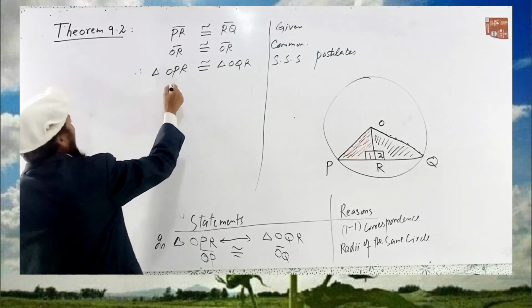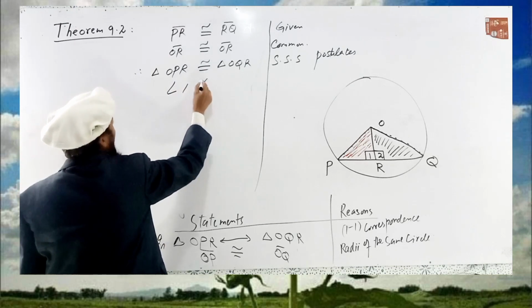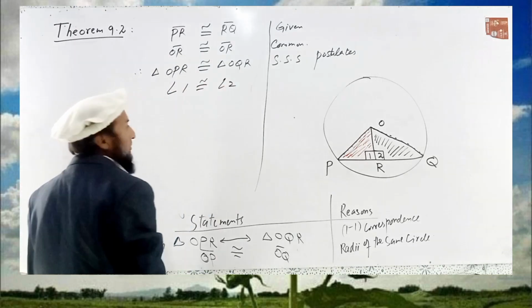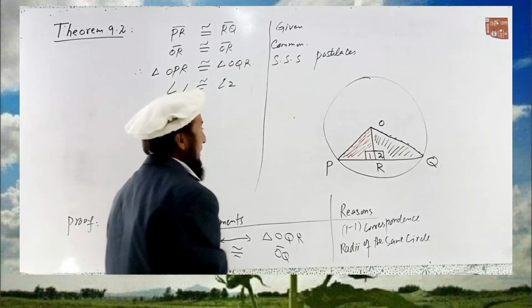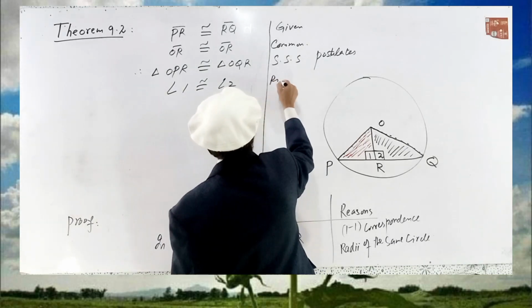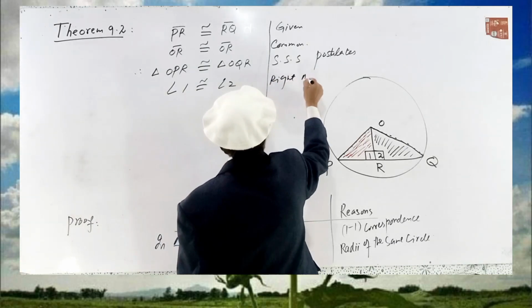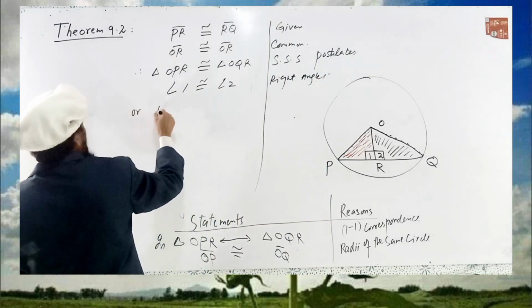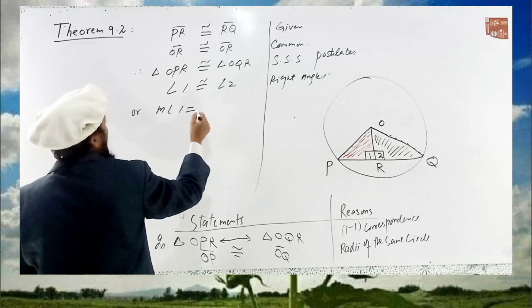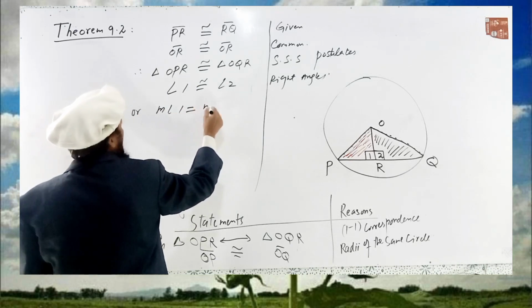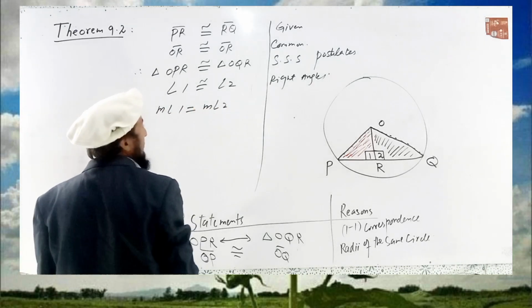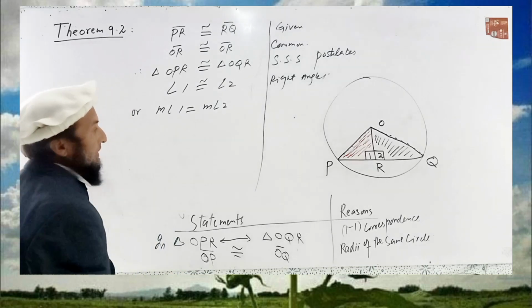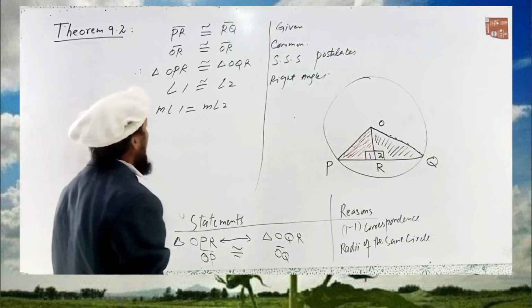So it means that angle 1 is congruent to angle 2, or measure of angle 1 is equal to measure of angle 2, corresponding angles of congruent triangles.